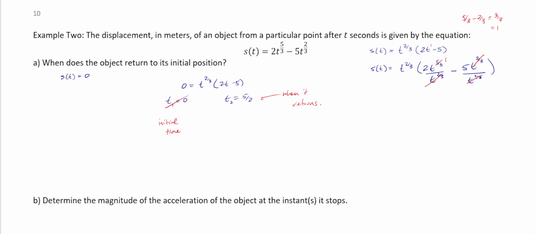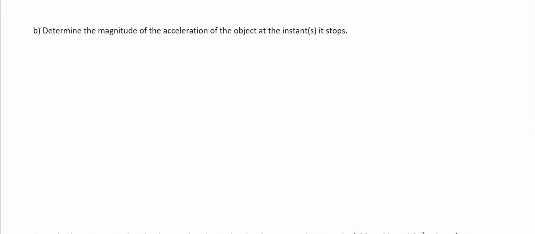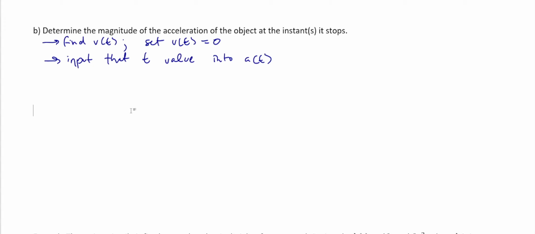Okay, again, if I want to find the magnitude of the acceleration at the instant it stops, the first thing that I'm going to have to do is find v at t, and set v at t equal to 0, because recall, that's the instant it stops, the velocity has to be equal to 0.